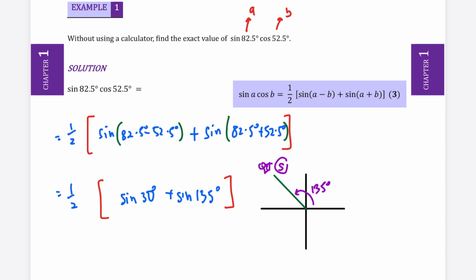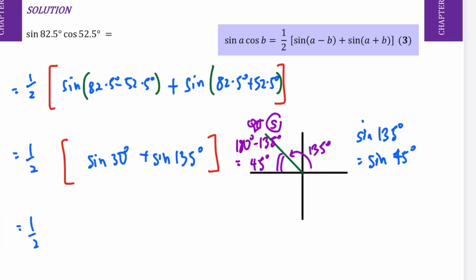Quadrant 2, this is the house for sine. So we can find a reference angle here, 180 degree minus 135 degree, so this will be 45 degree. Now let's rewrite here: sine 135 degree is equal to sine 45 degree. We take the positive value here because you are in the house of sine and we are playing with sine.